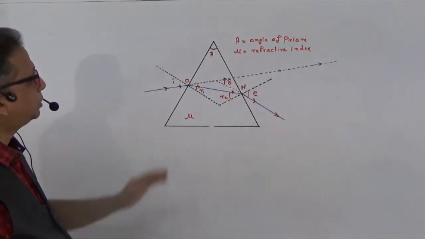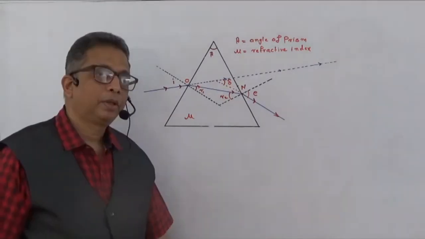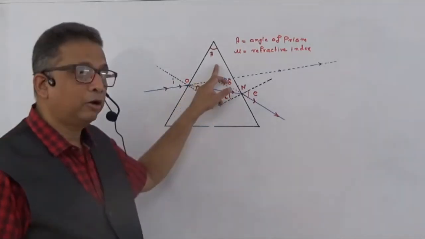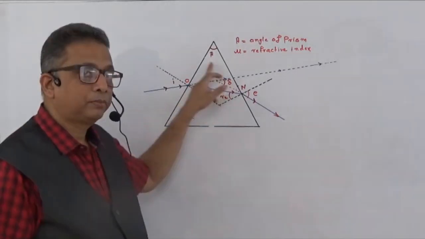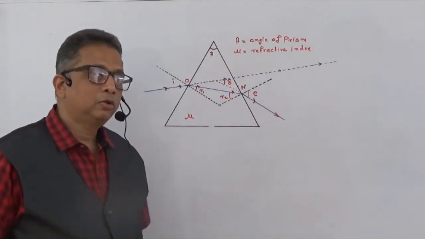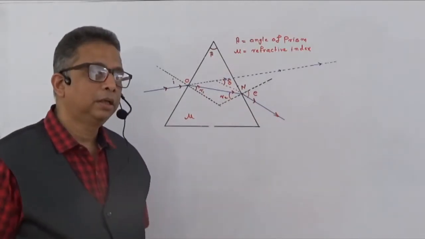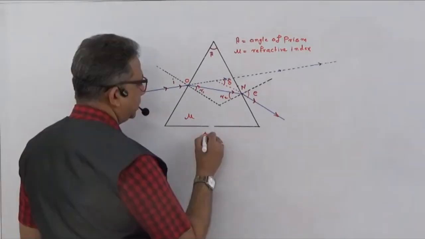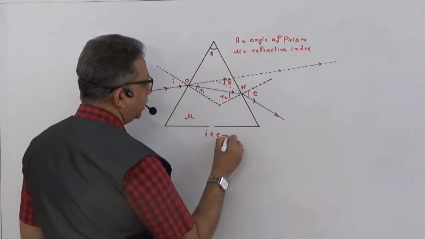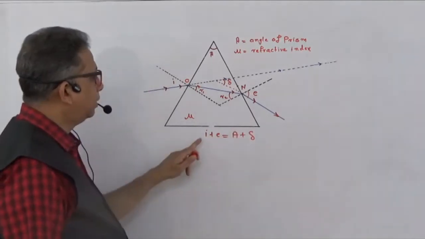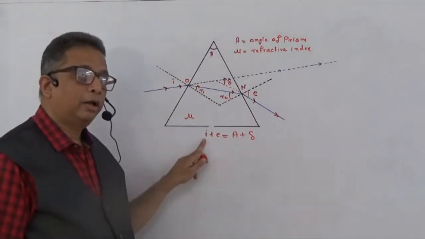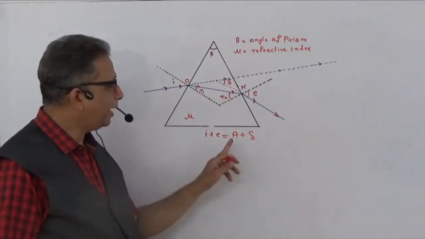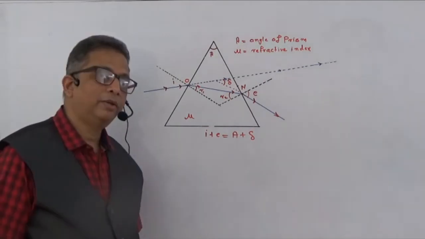Now how much a ray is going to deviate depends upon the angle of prism, angle of incidence, and angle of emergence. All these variables are related by this simple equation: I plus E is equal to A plus D, where I is your angle of incidence, E is your angle of emergence, A is the prism angle, and D (delta) is the angle of deviation.